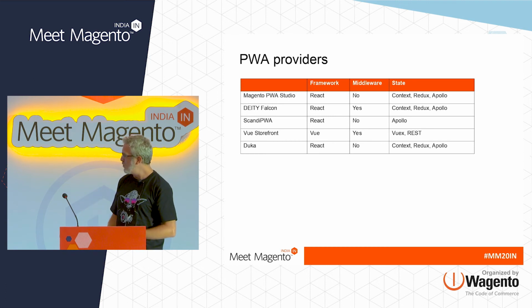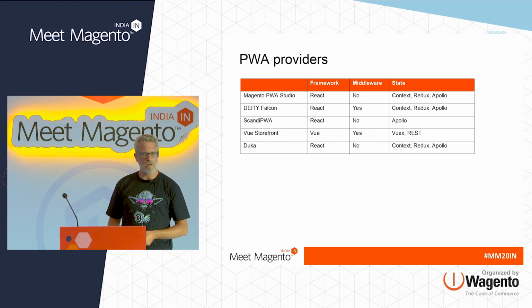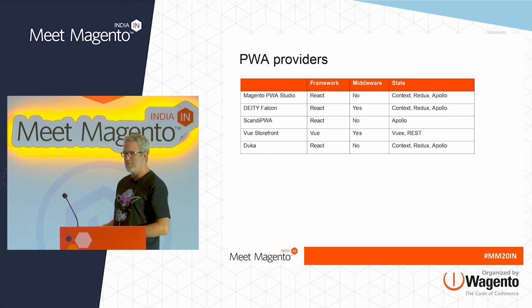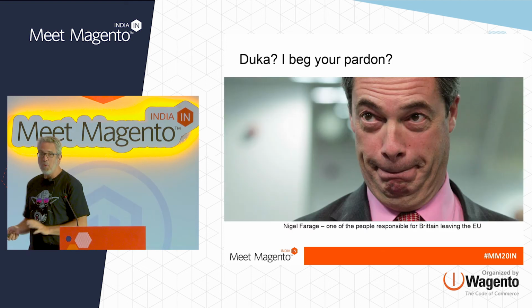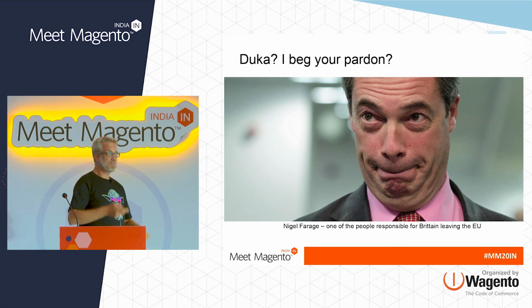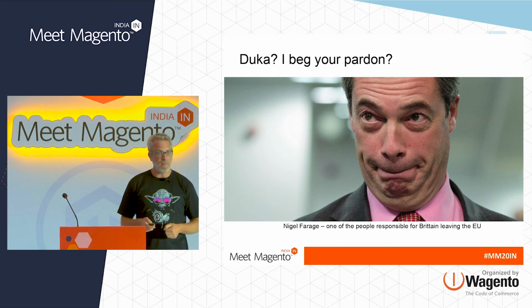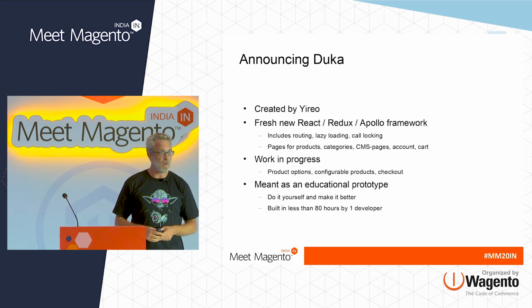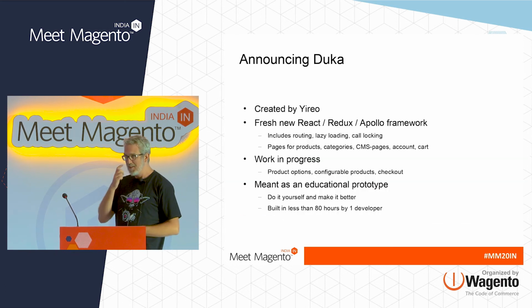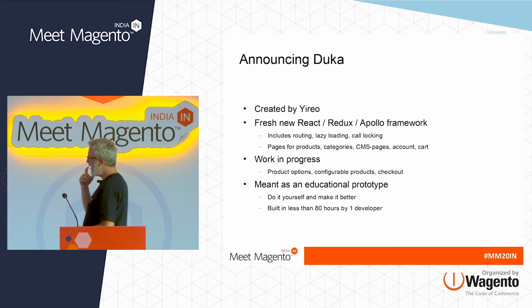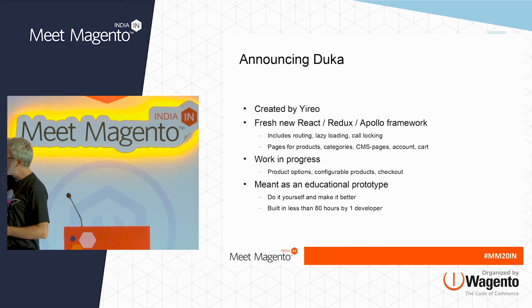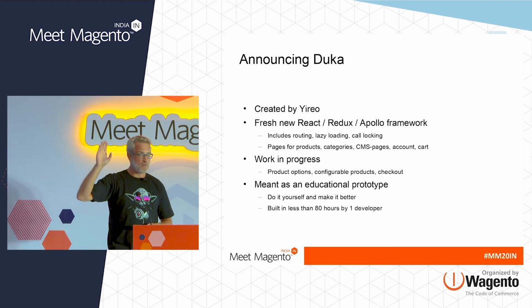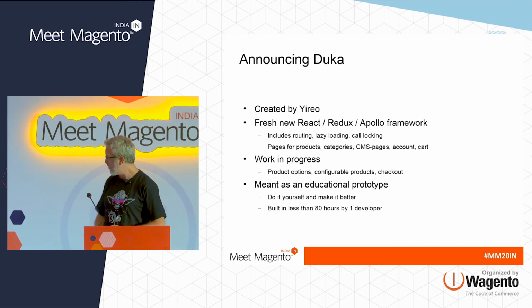And then there's Duca. And I'm not sure if you heard about Duca. Well, nobody did. So it's great news. I'm proud also to announce basically this whole thing. There's a new solution coming up called Duca. And it's a fresh new React, Redux, Apollo-based framework.